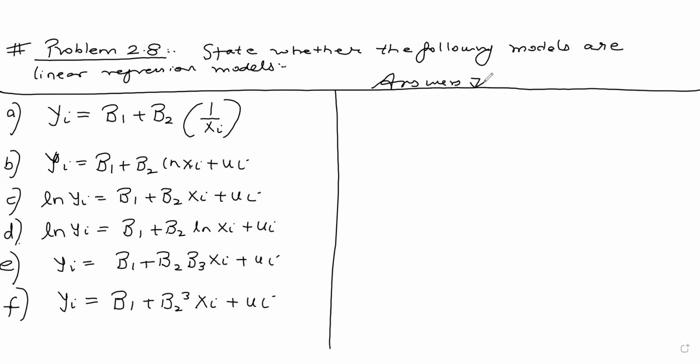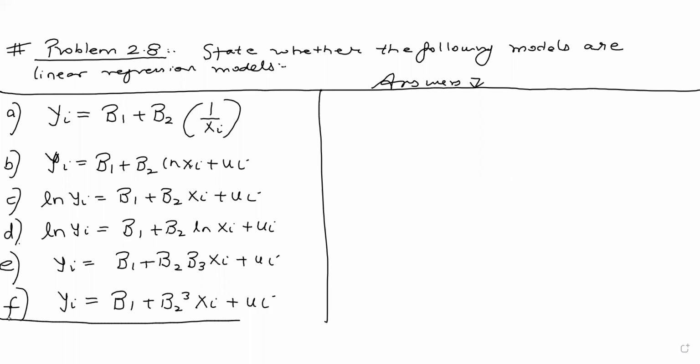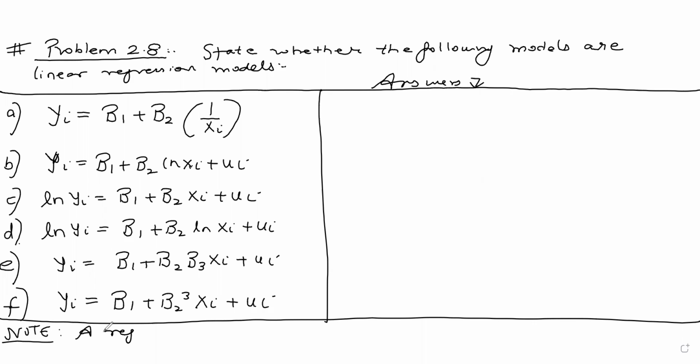Okay, so first of all, I can write a note that a regression model is said to be LIP. LIP means linear in parameters. A regression model is said to be linear if and only if it is linear in parameters.